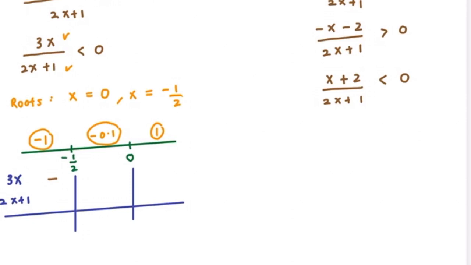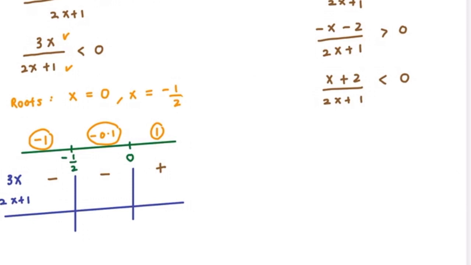And then substitute negative 0.1 into 3x. What is your answer? Positive or negative? So another negative answer. And then the last one, substitute 1 into 3x. You have 3, which is a positive answer. So write positive. So we just display the sign only, not the number.